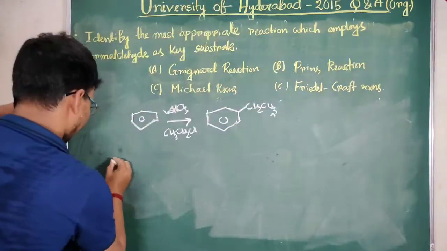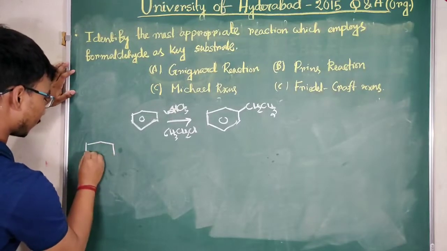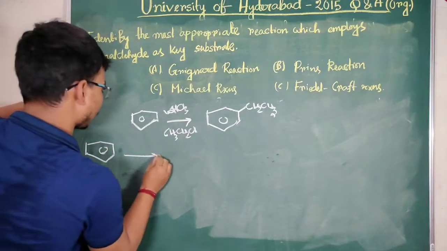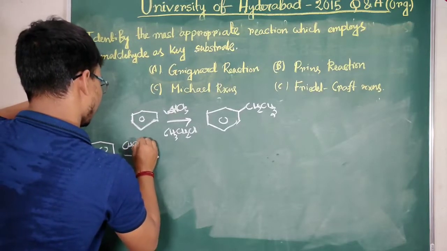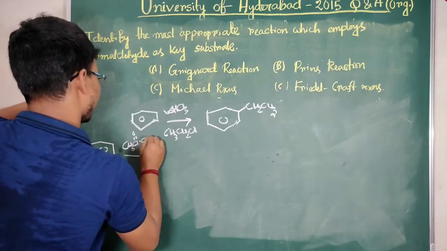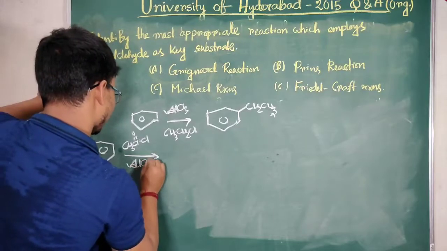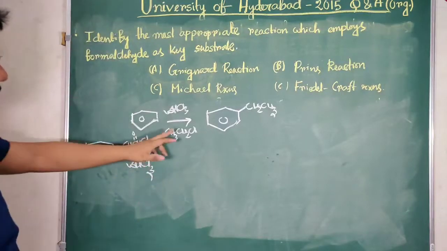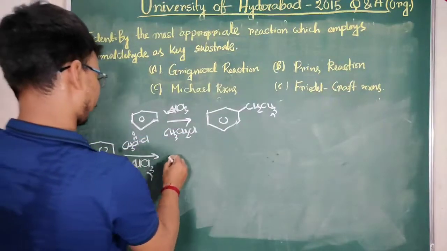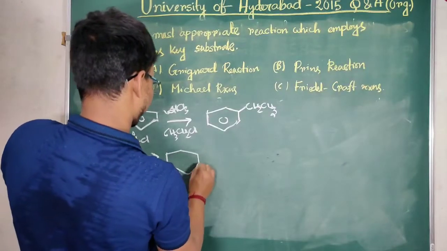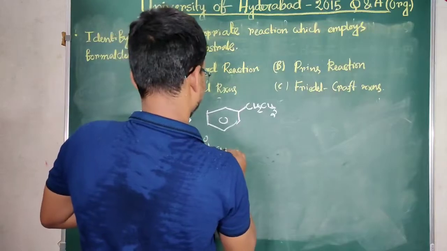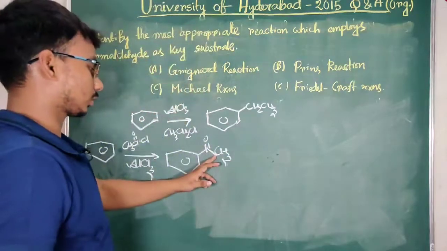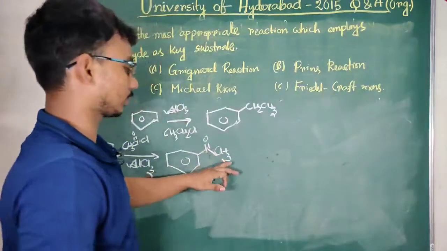And also in case of Friedel-Crafts acylation, we use CH3COCl, AlCl3. Lewis acid has to be used, and we get COCH3. After Clemmensen reduction or Wolff-Kishner, we will get CH2CH3.